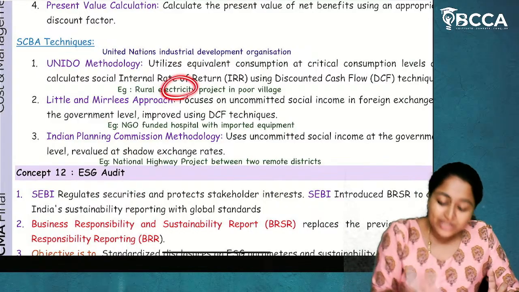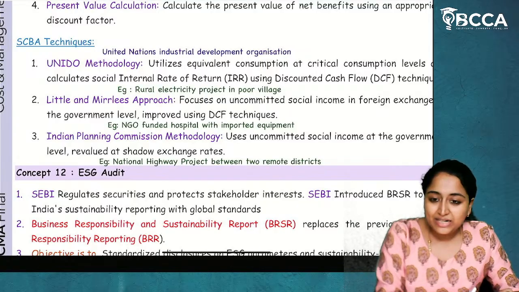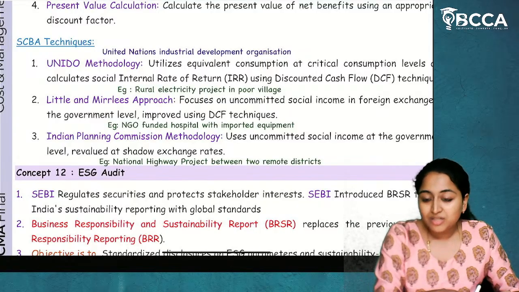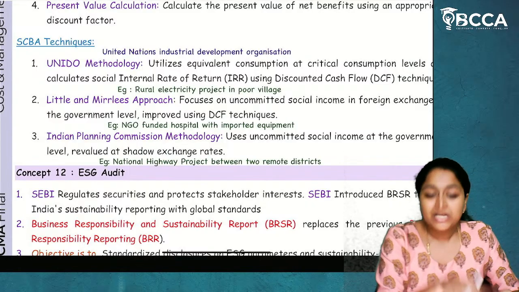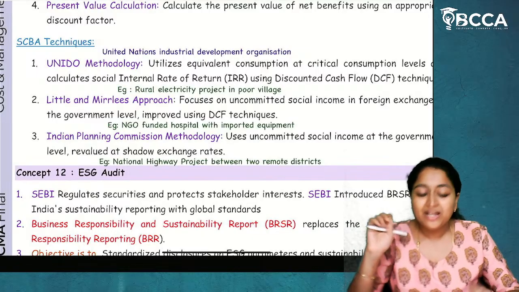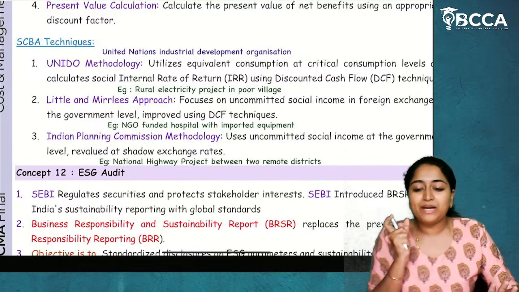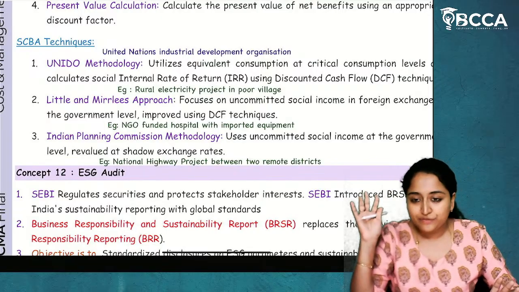If I am putting an electricity project in a poor village, in that village, they will get electricity, they will get proper water. The children in that particular poor village will go for studying. So, there is a benefit to the society. Regarding that, the evaluation will be done: whether the project taken by the organization provides benefit to the society or not.